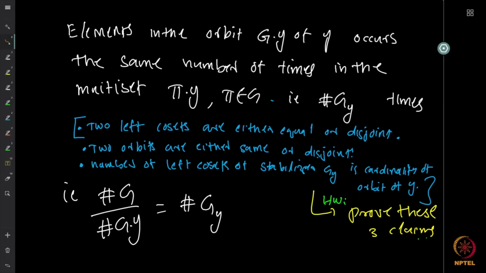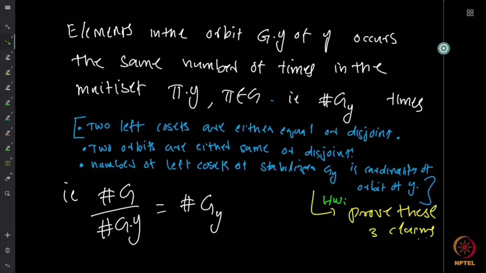Now, elements in the orbit G y of y occur the same number of times in the multiset of all permutations pi dot y for pi in G. Why is that? How do you prove this? There are three easy results. Two left cosets are either equal or disjoint, something I asked you to go through or prove.